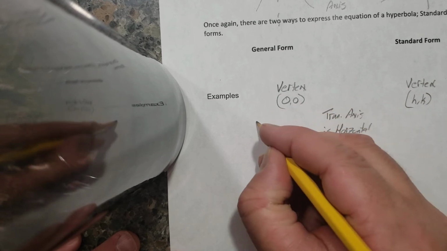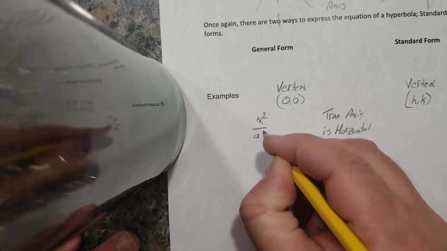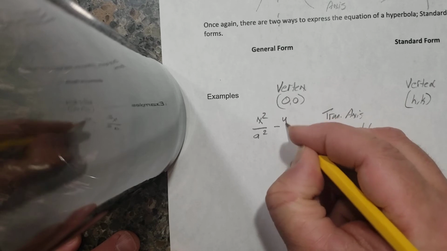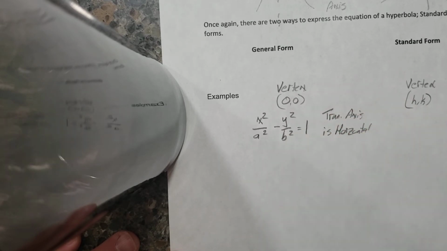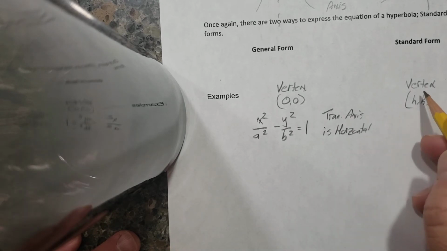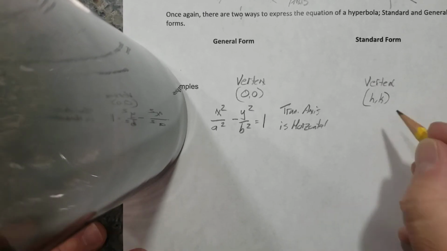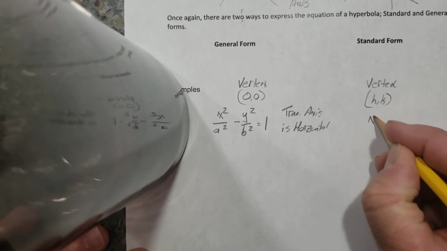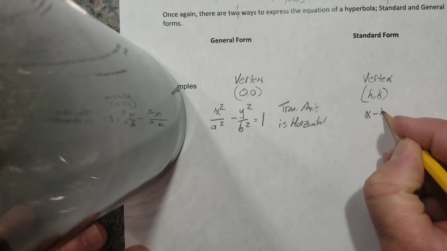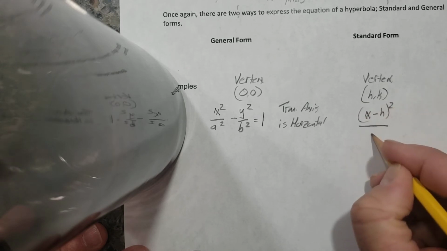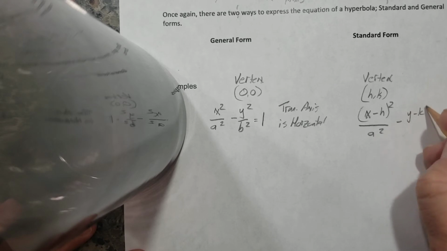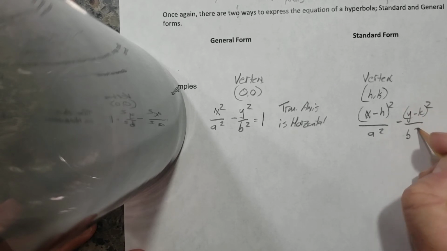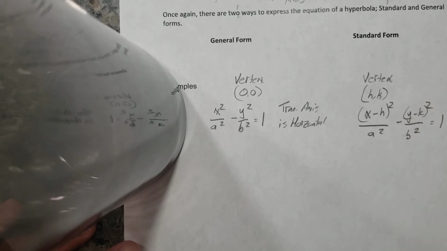So it's going to be x squared over a squared minus y squared over b squared equals 1. You're always setting it equal to 1. And over here with your center h, k, you're just putting in your h and your k: (x minus h) squared over a squared minus (y minus k) squared over b squared equals 1.